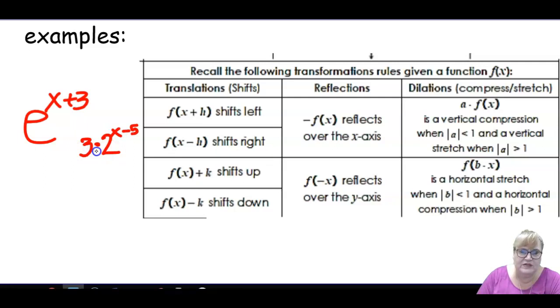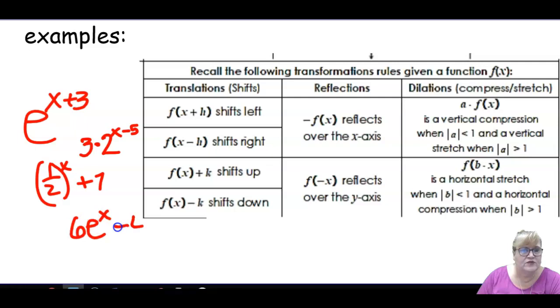Now the 3 would also be stretching it, but we'll get there. To shift it up, you add it on the back of the function. So that would be like 1/2 to the x, and then a plus 7 on the back would shift it up. All right, and if we had a 6e to the x minus 4, that would shift it down.